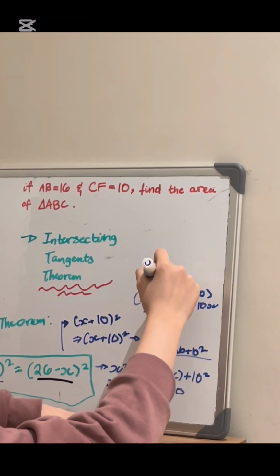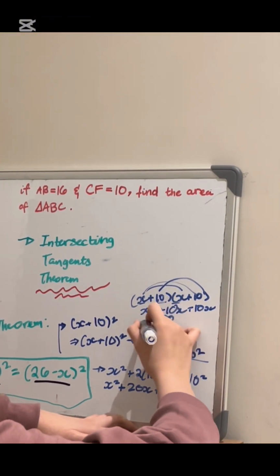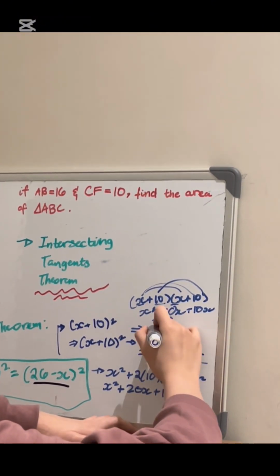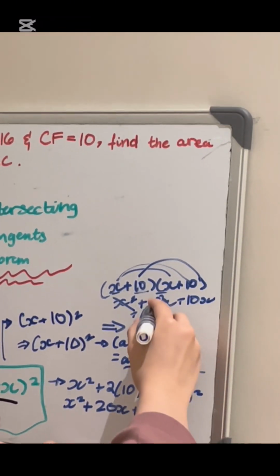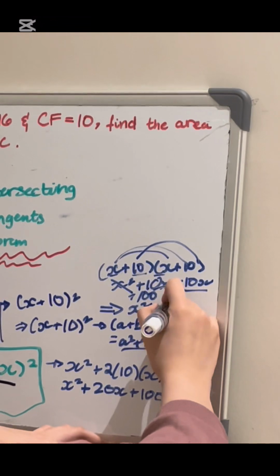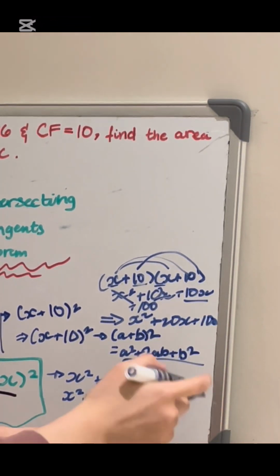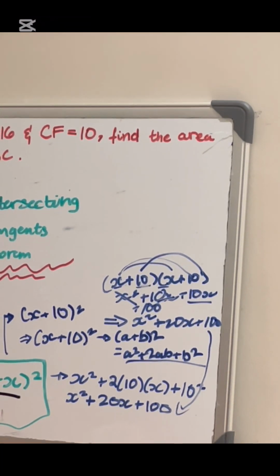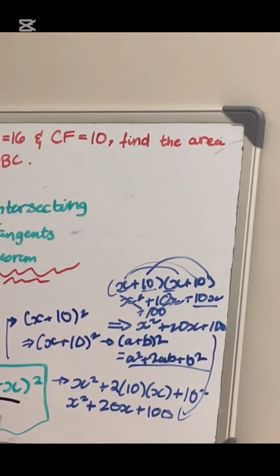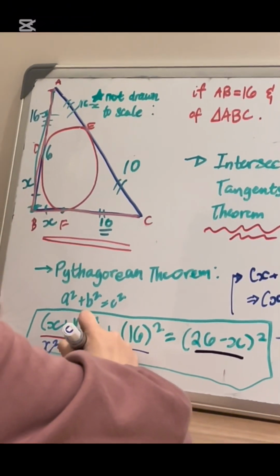And 10 times 10 is 100. So then that will give us x squared plus 10x plus 10x, which is 20x, plus 100. And as you can see, these two expressions are the same. So that's x squared plus 20x plus 100.